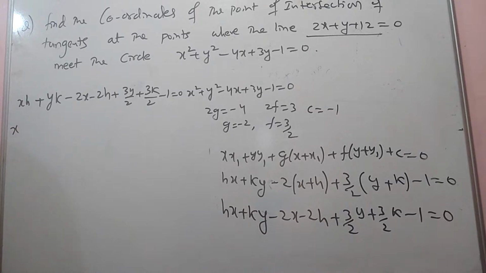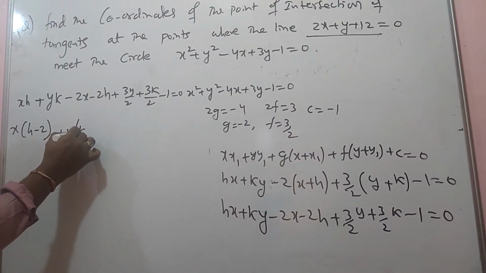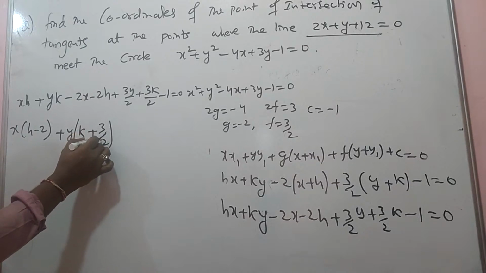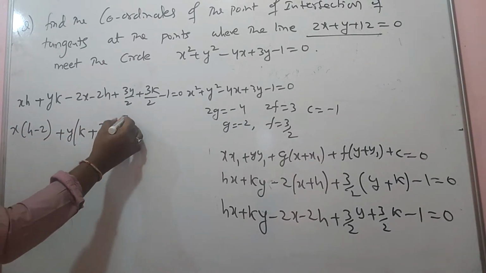So if I take x common, I got h minus 2, plus y common, k plus 3 by 2, minus 2h minus 3k by 2 plus 1 is equal to 0. Yesterday also my time was wasted because of this question. This question is wasting my time.